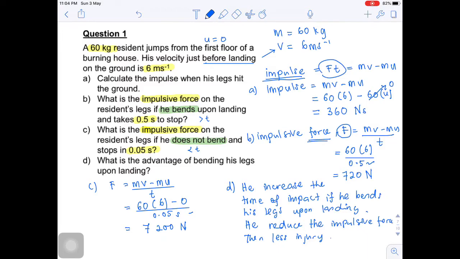So the lesser the impulsive force, the lesser the injury it will cause. But the most important thing is you have to be alert with the formula, impulse and impulsive force, and the importance of bending the legs upon landing, because bending the legs upon landing can increase the time of collision. Thus, the impulsive force produced is less, so less injury will occur. Okay, that's all for question number 1.